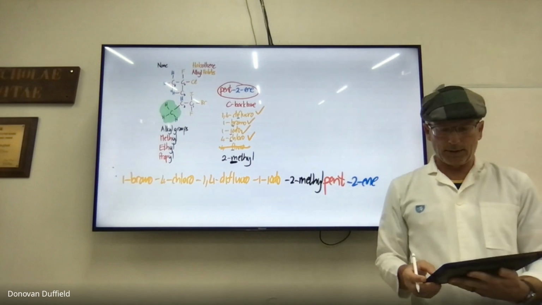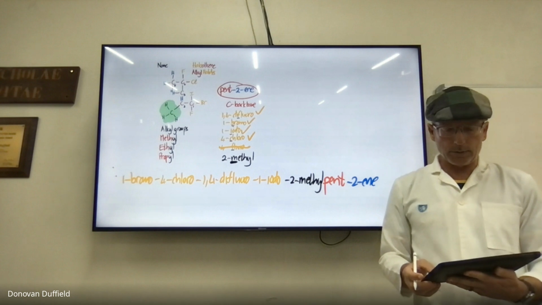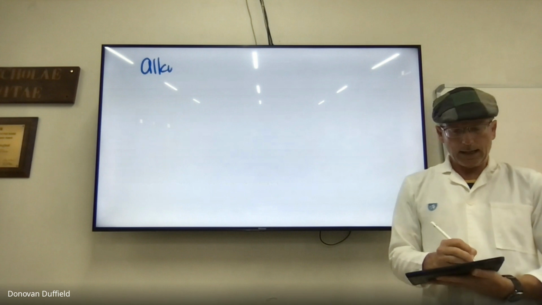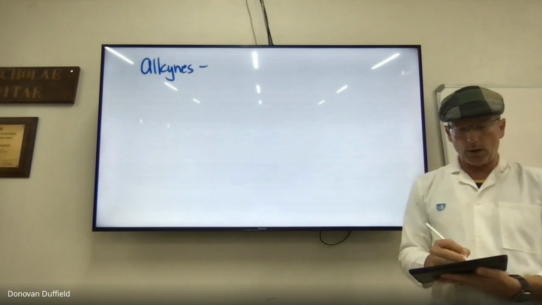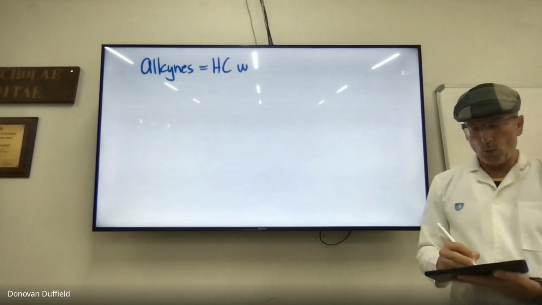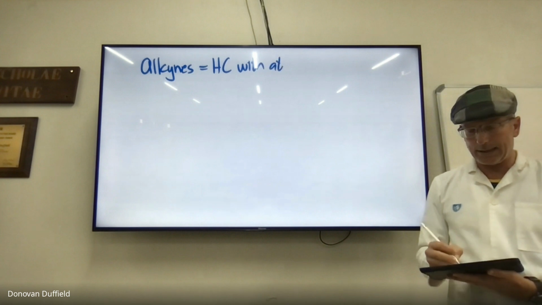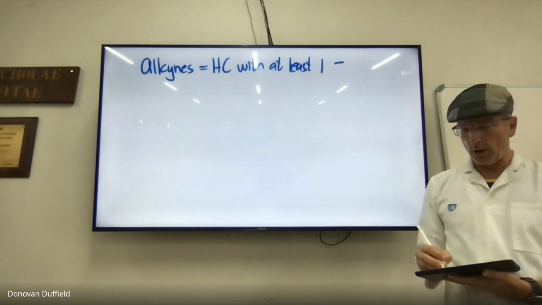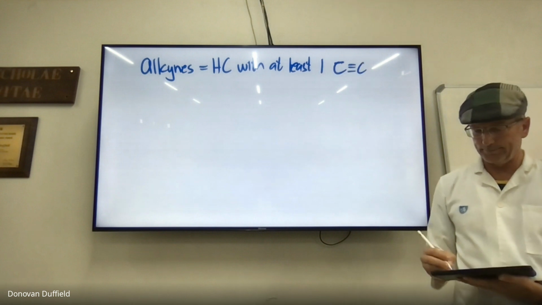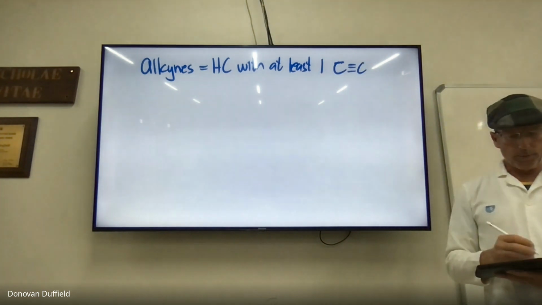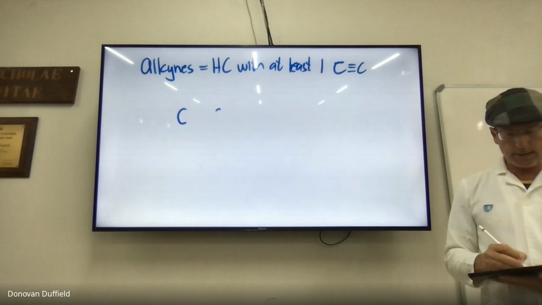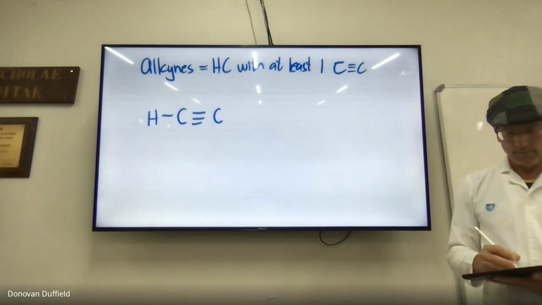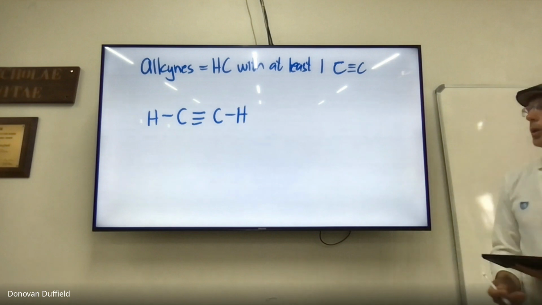When it comes to alkynes, alkynes equal hydrocarbons with at least one carbon triple bond. So if I take, for instance, this compound, what would we call this compound?